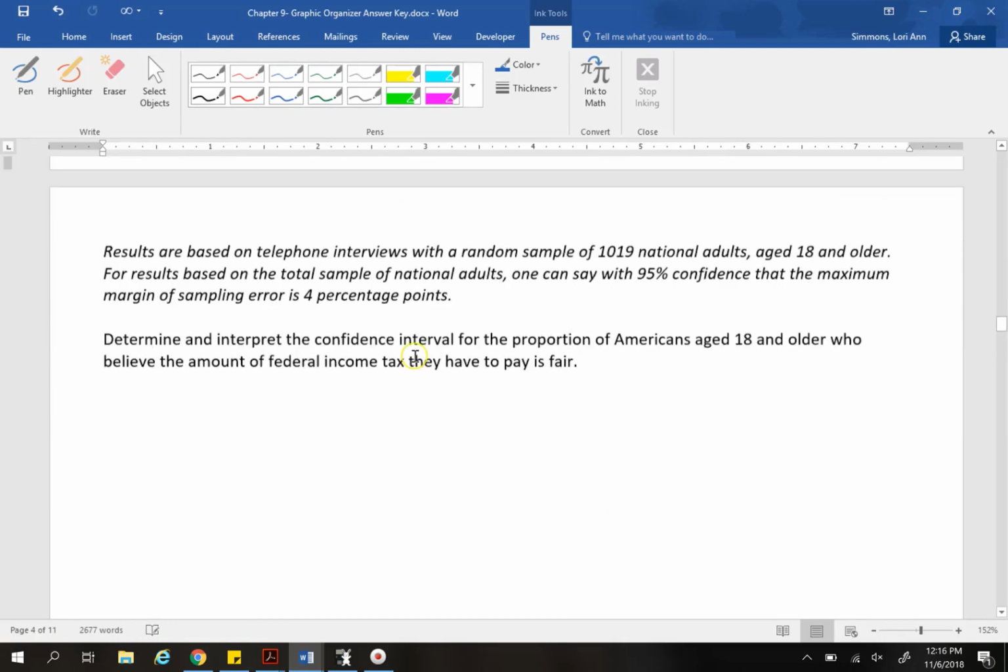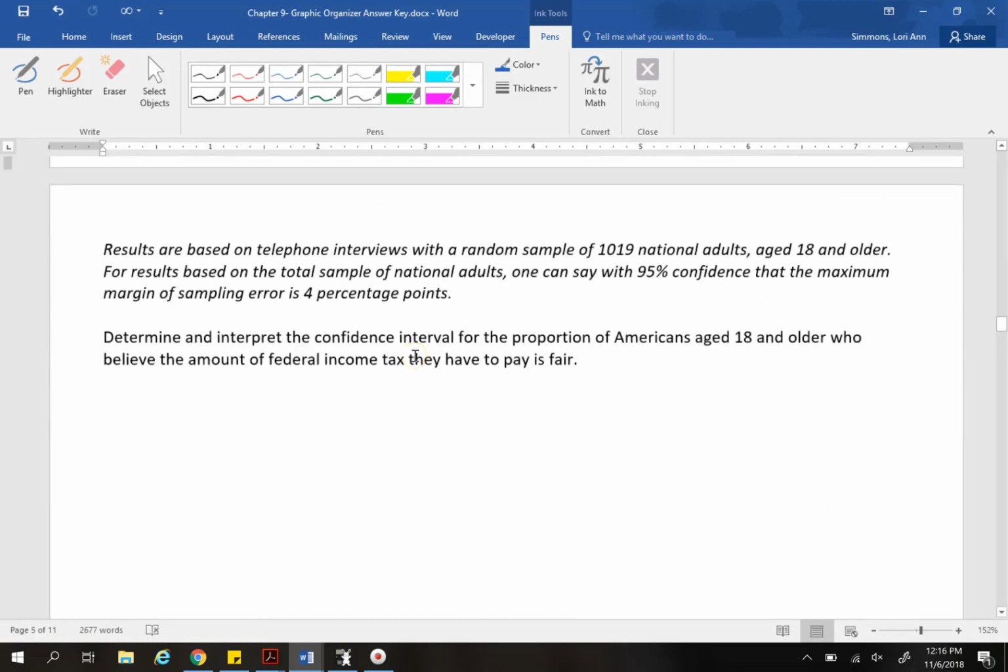Results are based on telephone interviews with a random sample of 1,019 national adults aged 18 and older. For results based on the total sample of national adults, one can say with 95% confidence that the maximum margin of sampling error is 4 percentage points. Let's determine and interpret the confidence interval for the proportion of Americans aged 18 and older who believe the amount of federal income tax they pay is fair.